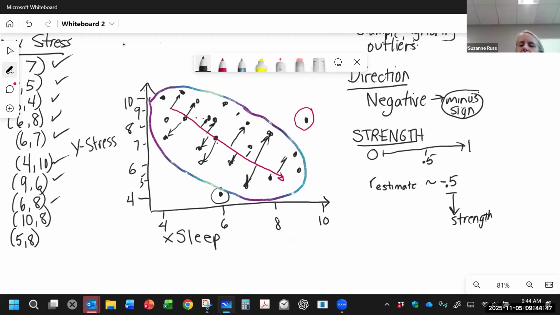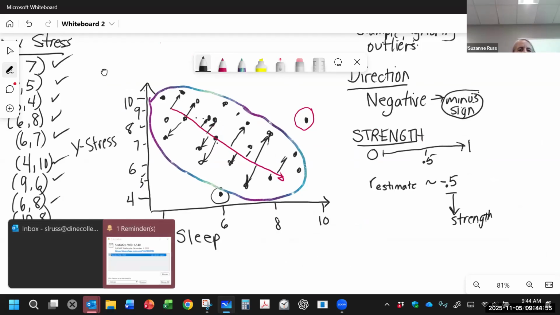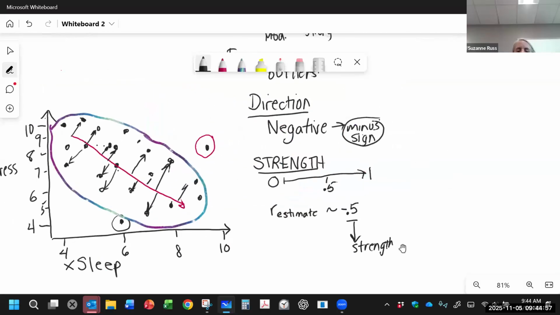This is really important, though, just remembering that. So let's imagine that in our first example, when we had sleep by mood, the R was equal to 0.5.